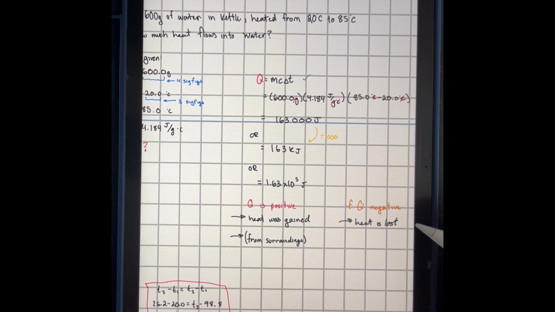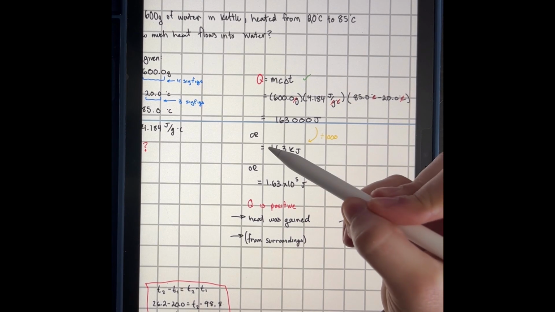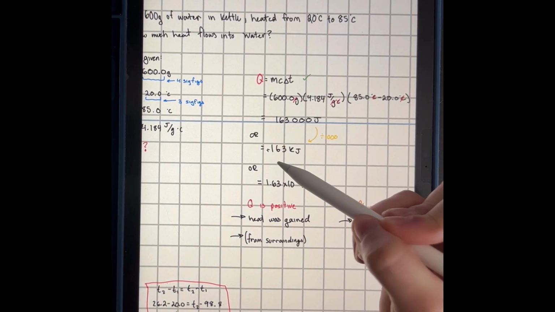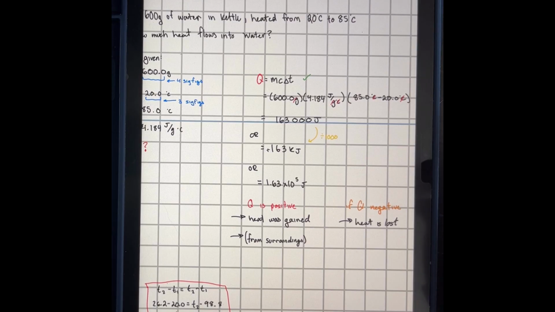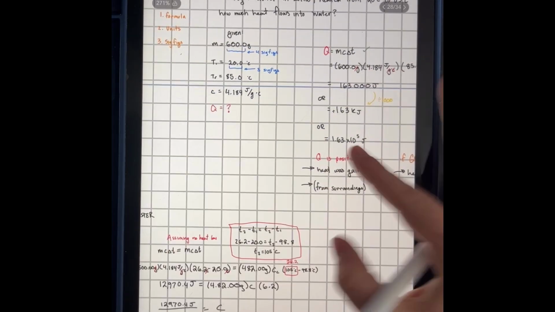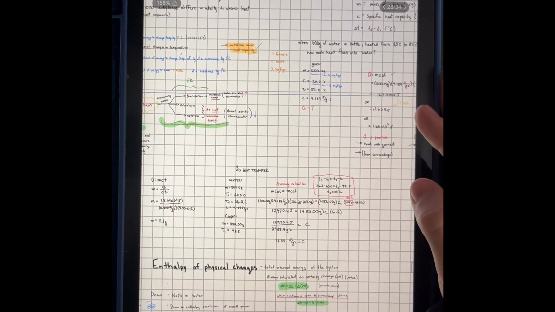So that's the difficulty with thinking in terms of systems and surroundings. You want to make sure that you know which ones you have to think in terms of, because here you have to think in terms of the system. Well, the system's positive, so that means that it's endothermic, versus if you're thinking in the way I explained it before, exothermic and endothermic. I was thinking in terms of the surroundings, where if the surroundings are positive, then it's exothermic, but this one is not.